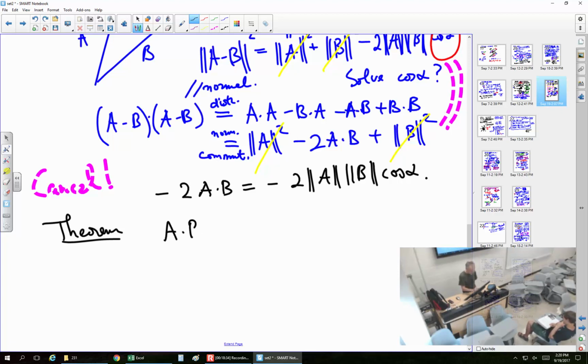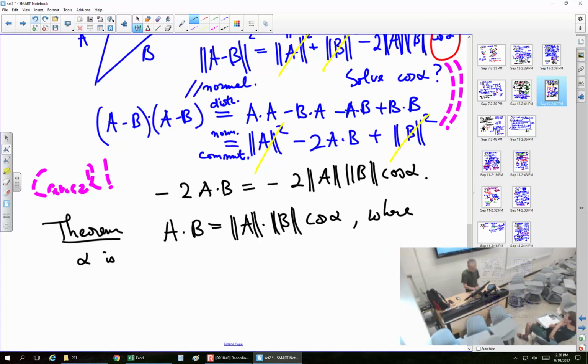So a dot b is equal to, I'm sorry, there is no 2, magnitude a, magnitude b, cosine alpha, where alpha is the angle between vectors a and b. If one of the vectors is 0, then the angle between them is undefined, but then both the left-hand side is 0 and the right-hand side is 0.